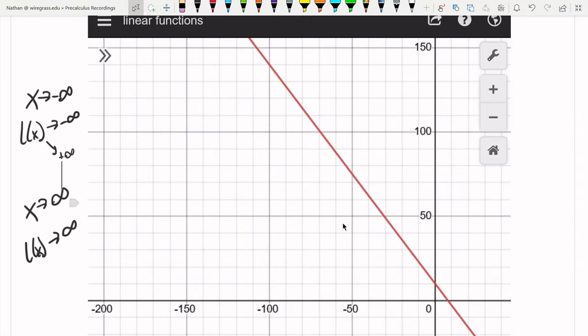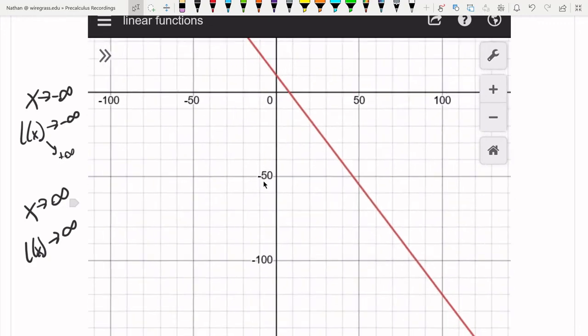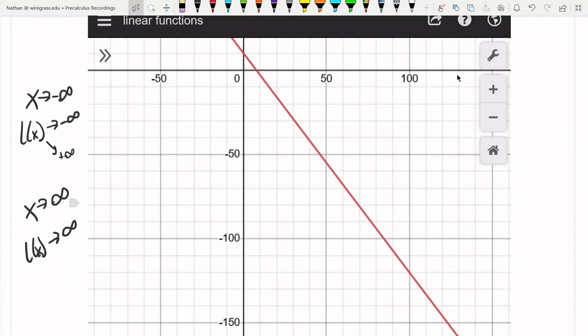As x gets more and more negative, the y values get more and more positive, and it goes up to positive infinity. And vice versa, as x is positive, the function goes more and more negative. So actually, this one now changes to L of x going to negative infinity.